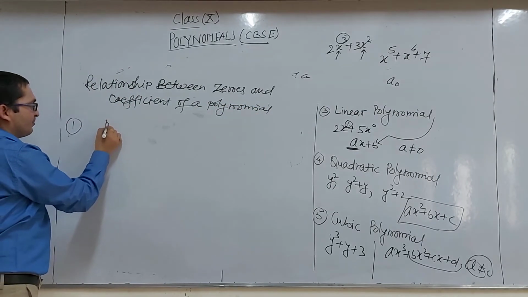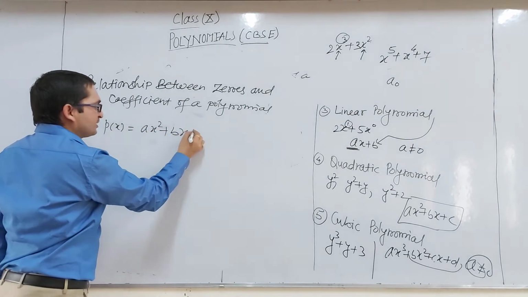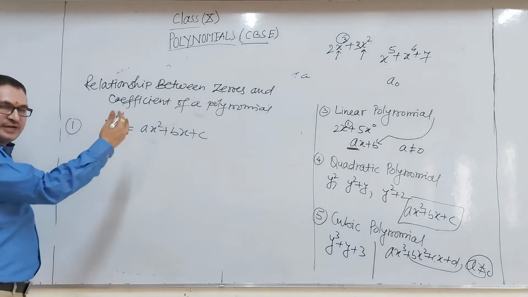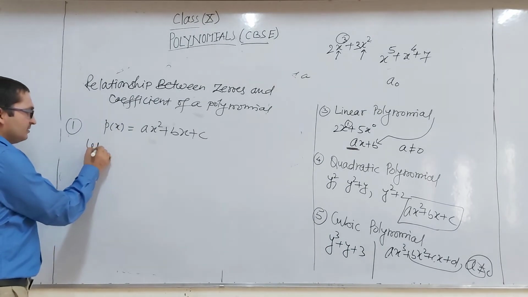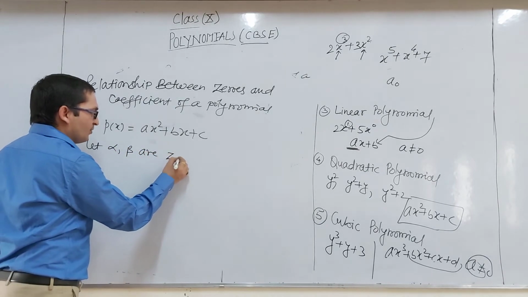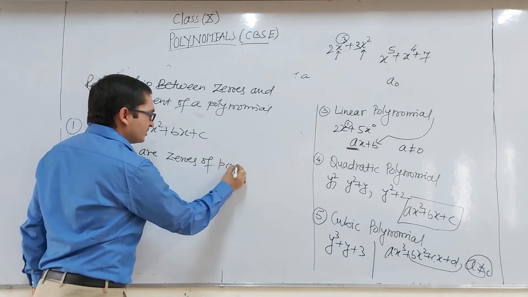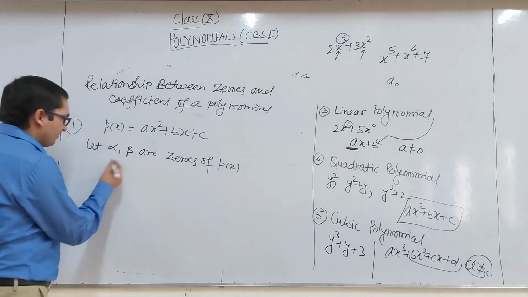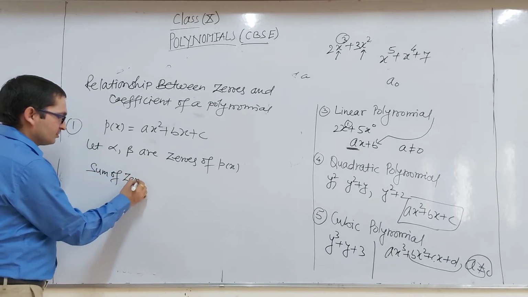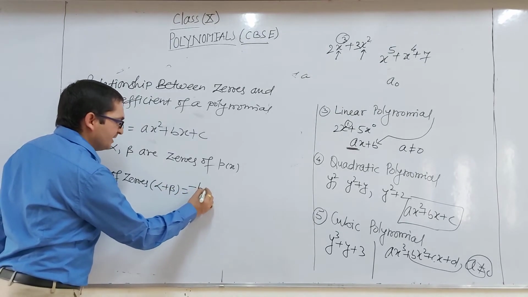Let us suppose the given polynomial is ax square plus bx plus c. This is the quadratic polynomial. Let alpha and beta be the zeros of p(x), the given polynomial. Then the sum of zeros, alpha plus beta, will be equal to minus b upon a.